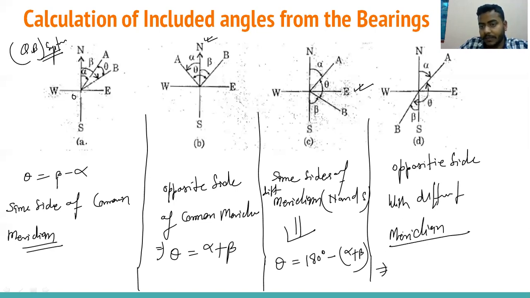In this case, see the figure, this is the included angle theta. So we can write directly 180 degrees minus alpha minus beta. You can calculate that.